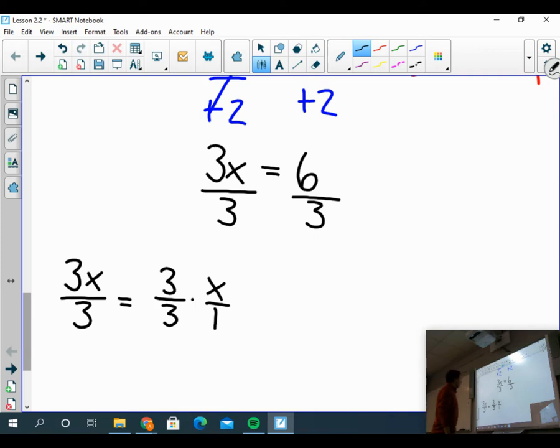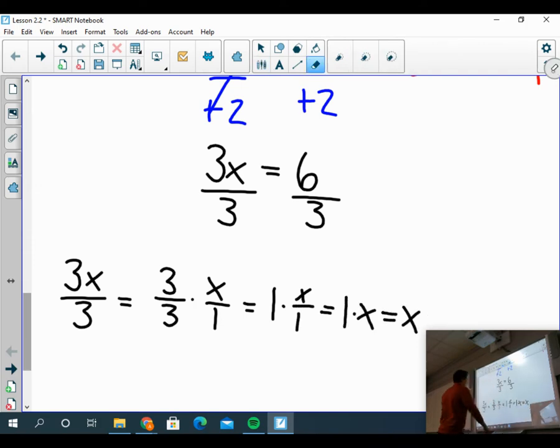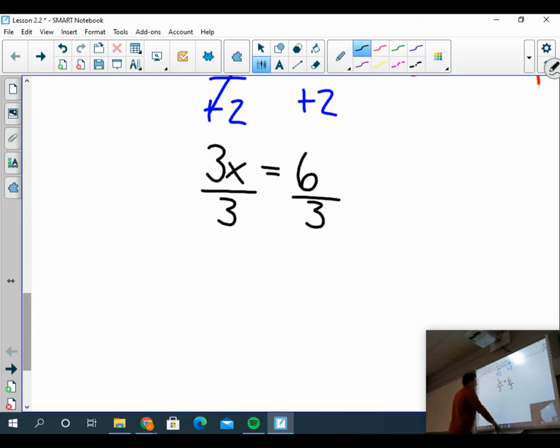Okay, and we know that 3 divided by 3, or any number being divided by itself, is just 1. Well, 1 times x over 1 is just 1 times x, which is just x. And again, that's kind of the logic of why division is the inverse operation of multiplication.